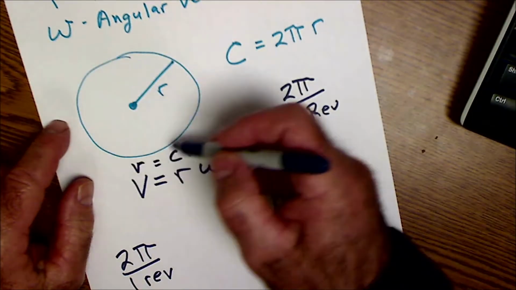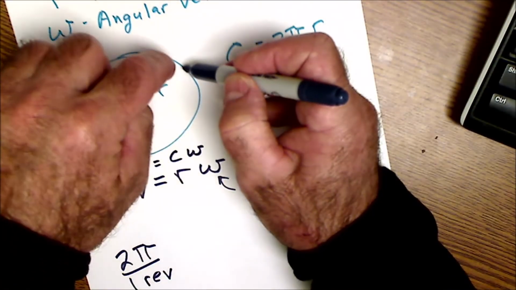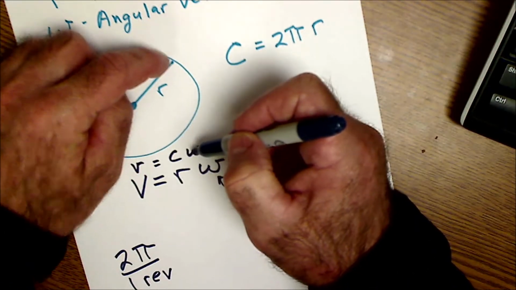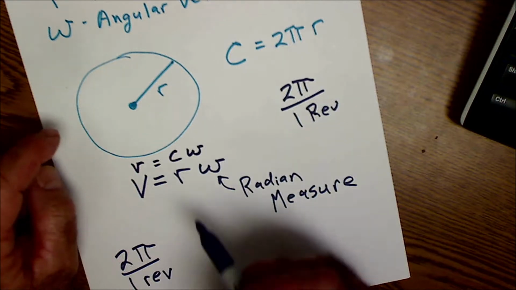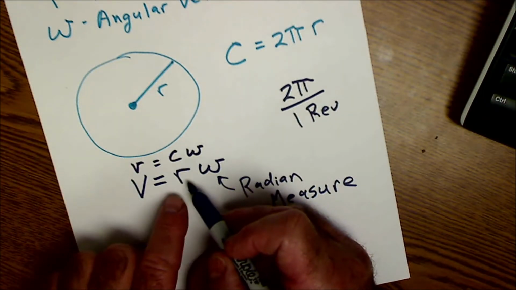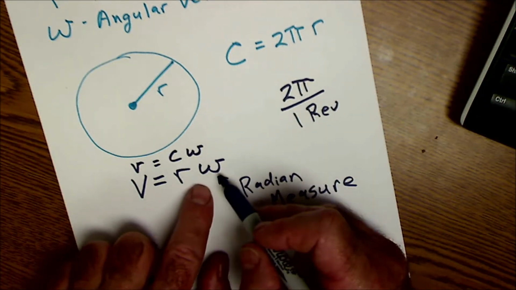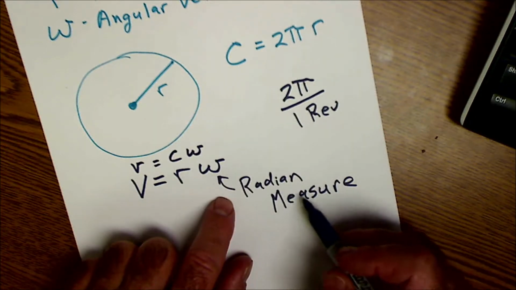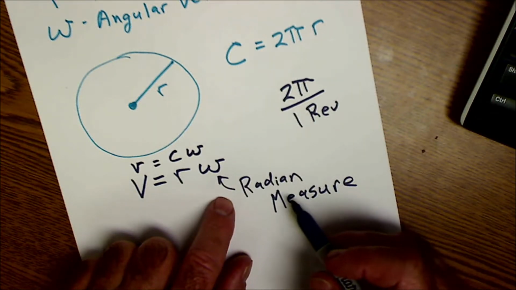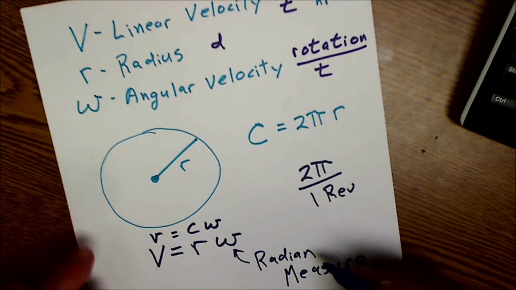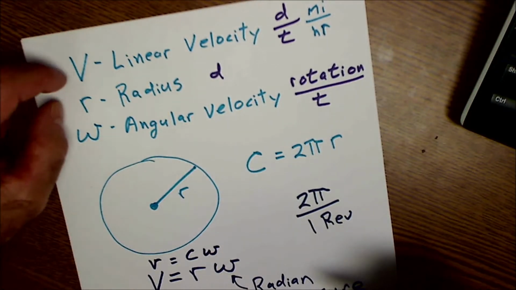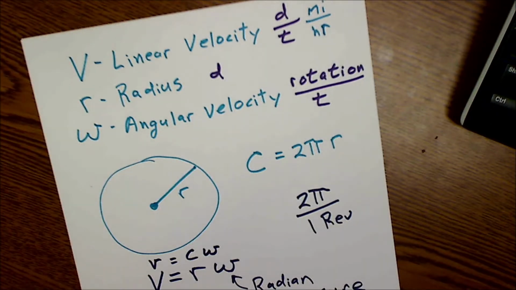How many times it goes around times the length of that line would be circumference, and that would give you how much distance it travels over time. But you could replace circumference with radius, knowing that the angular velocity has to be in radian measure. So that's the key. So again, three variables. First step is identifying those variables. You have to have any two of these in the equation to solve for the third.